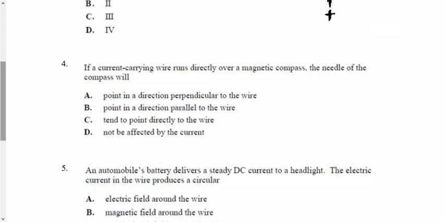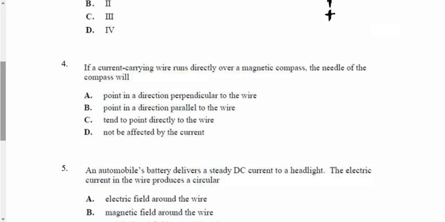If this is my wire, the magnetic field either goes this way or this way, correct? It's either going to go clockwise or counterclockwise, correct? Well, the compass should point in the direction of the magnetic field.